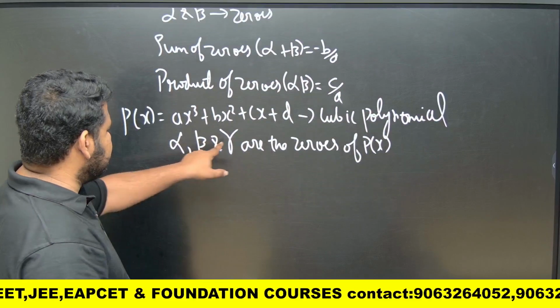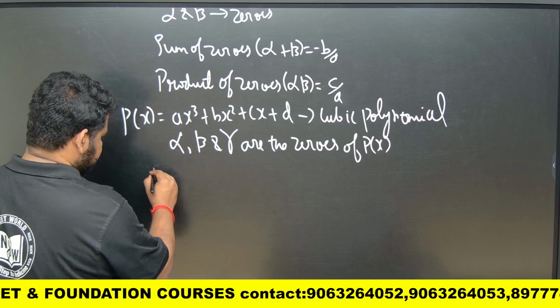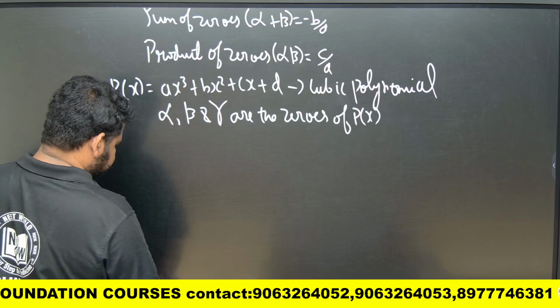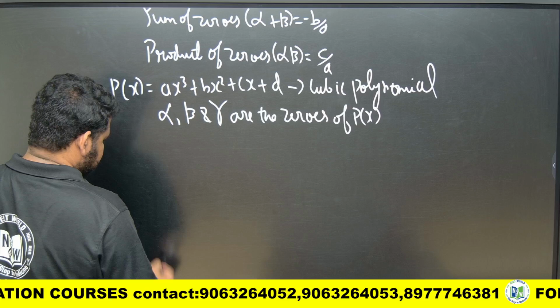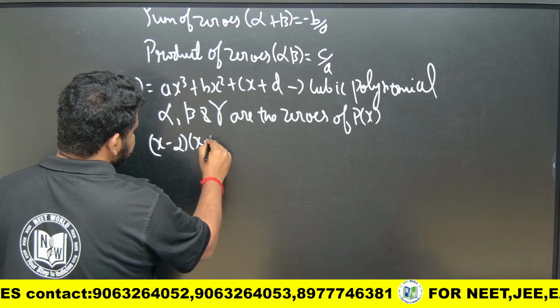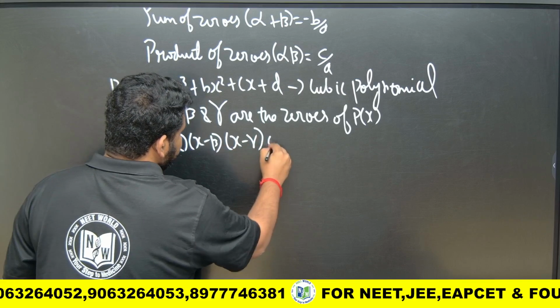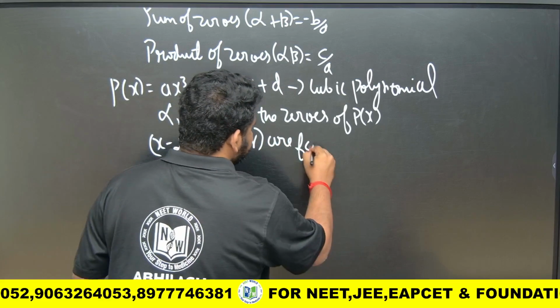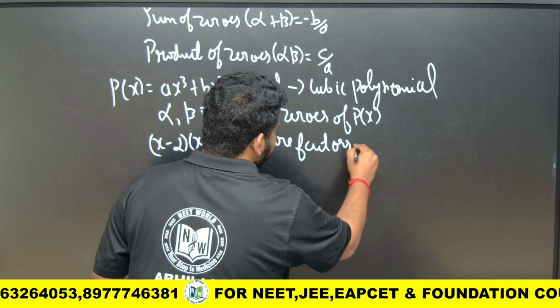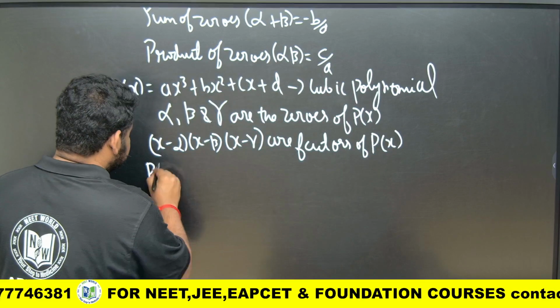If alpha, beta, and gamma are the zeros of the equation, then x minus alpha, x minus beta, and x minus gamma are factors of p of x. Then ultimately p of x can be written as what?